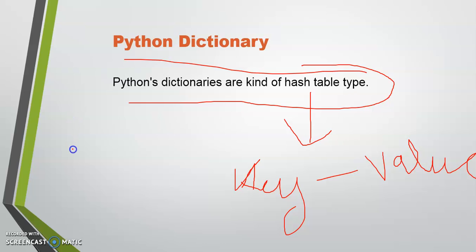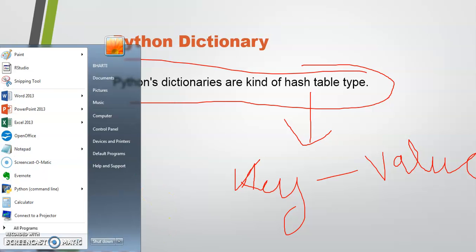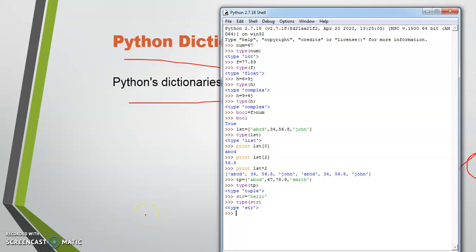Or we can say the simple example, if we talk about your index in the notebooks, so what is the advantage of using index? That we can directly go to that particular position with the help of the index. So in Python we would see how to deal with this Python dictionary.